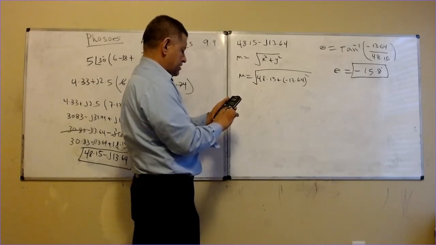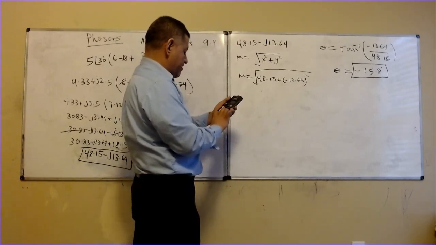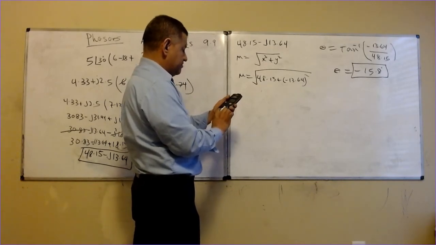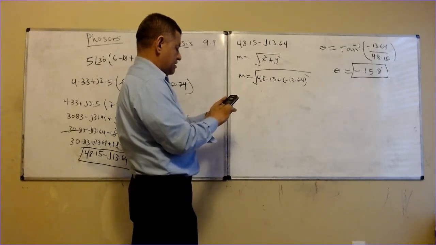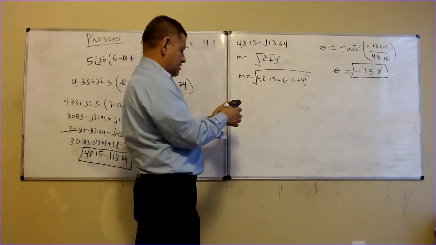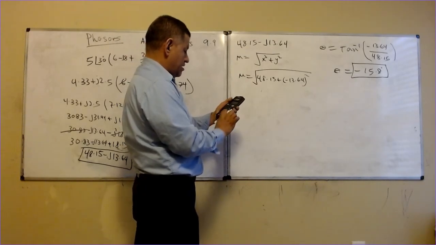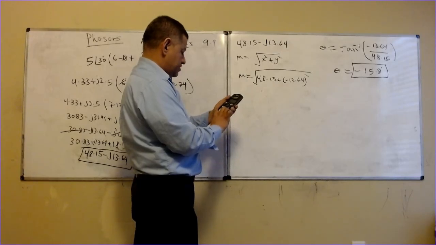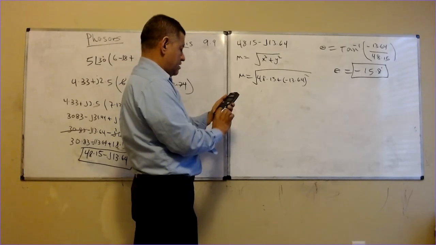Okay, so let's see. So let's do this again. 48.15 squared plus 13.64 squared, right?